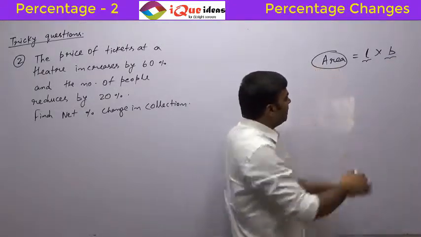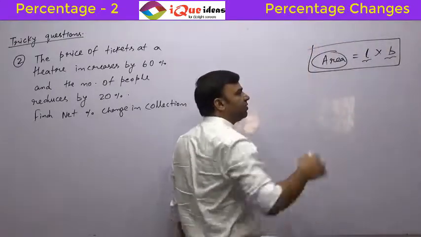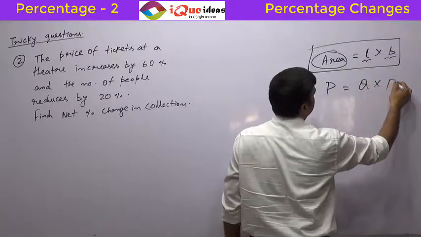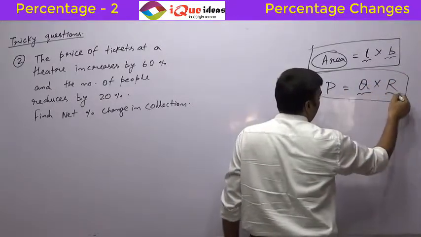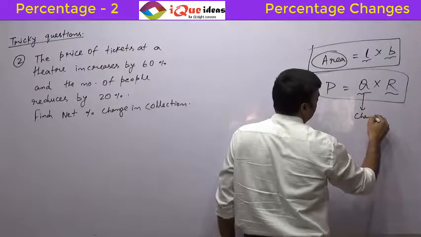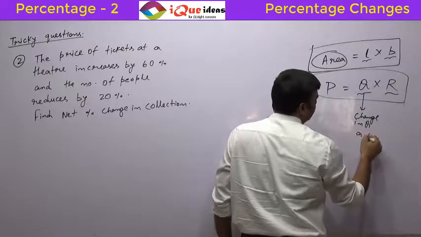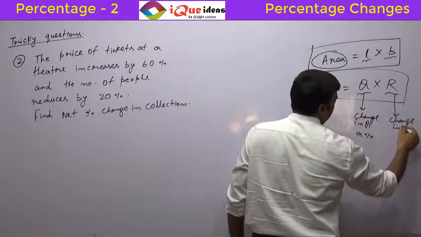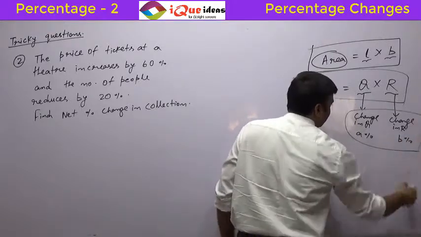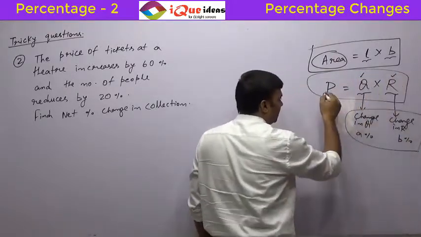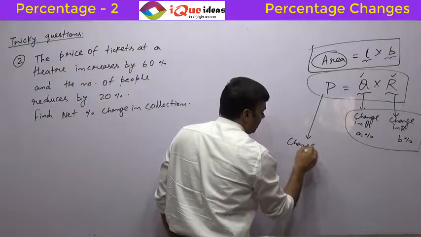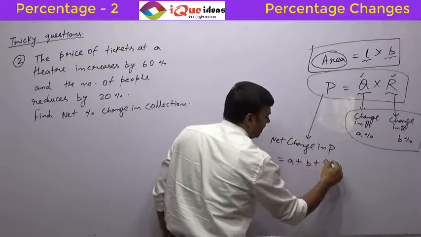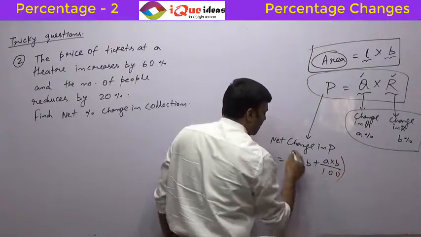This logic can be applied to any situation wherever there is a value P, which is a product of other quantities. So if there are two quantities Q and R, if you know the change in Q as A% and the change in R as B%, then the net change in P can be directly calculated as A plus B plus A into B by 100, this much percentage.